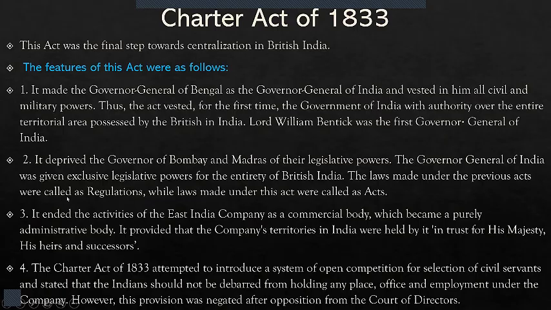The third one is it ended the activities of the East India Company as a commercial body, which became a purely administrative body. Earlier it was a commercial body, for trade. Now it became an administrative body, and everything was under its control: the administration, execution, and legislation. Everything came under the British and East India Company.